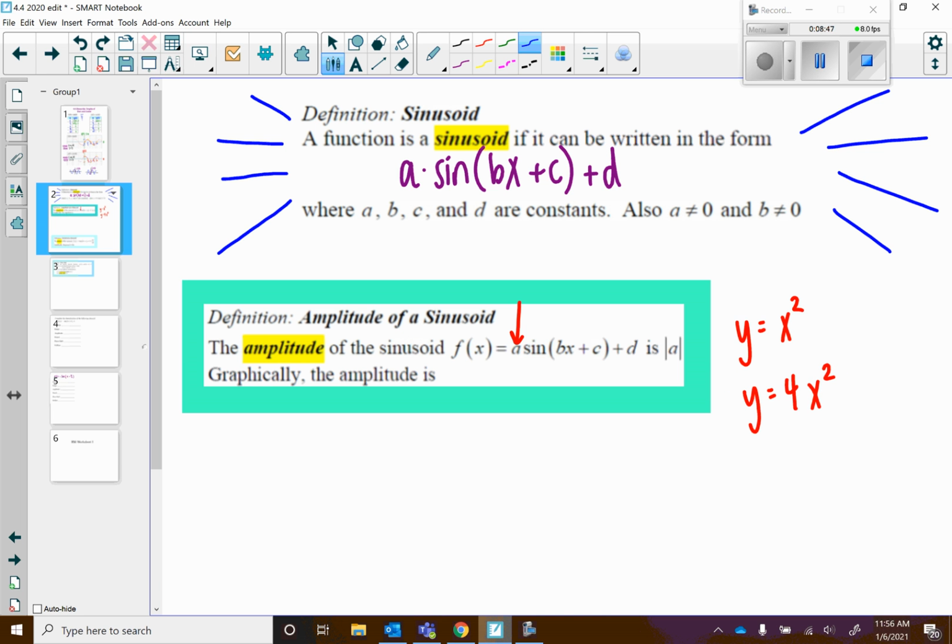How does this 4 influence this function? If you are thinking in your head, hey, this is going to be changing the y values, this is a vertical stretch or shrink, you're correct. That's exactly what this is. Changing a is going to make the function vertically stretched or shrunk. It's a vertical stretch or shrink.